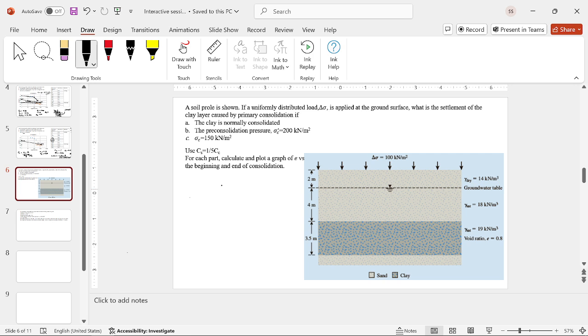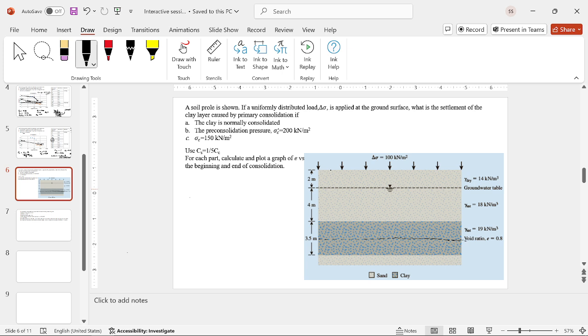So let's calculate the average effective stress at the middle of the layer. Let's calculate it from here.